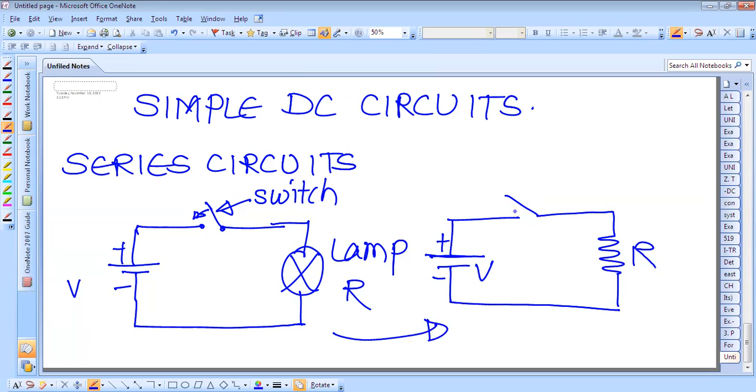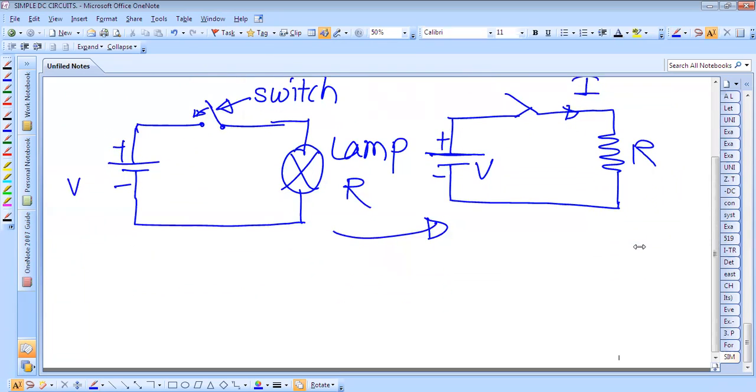So when the switch is connected, what will happen? The current will flow through the circuit. And when the current flows through this resistance, heat is produced in the resistor. So either it will give heat, or if it is a lamp, it will also produce light energy.